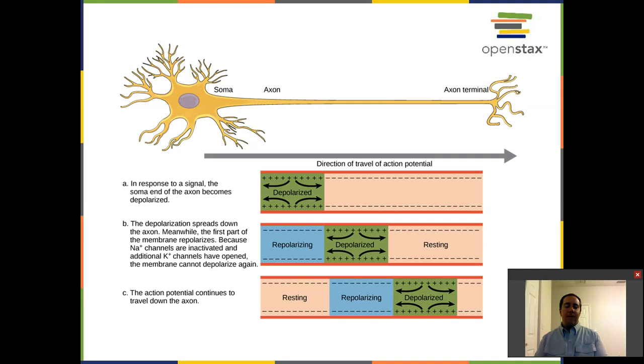The signal hasn't gotten to it yet. And we continue to move on down the axon. So in our third step here, the first part that fired is done. It is now resting to fire again. And the depolarized portion continues to move on down the axon.